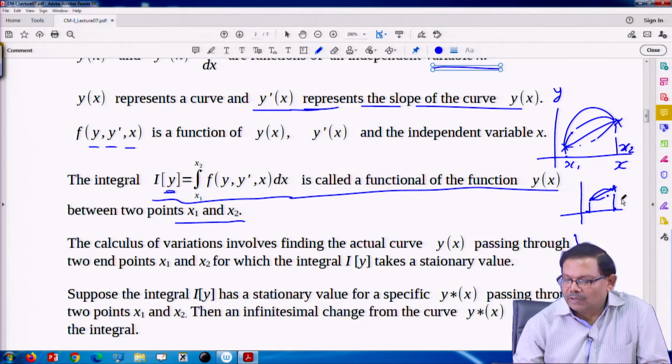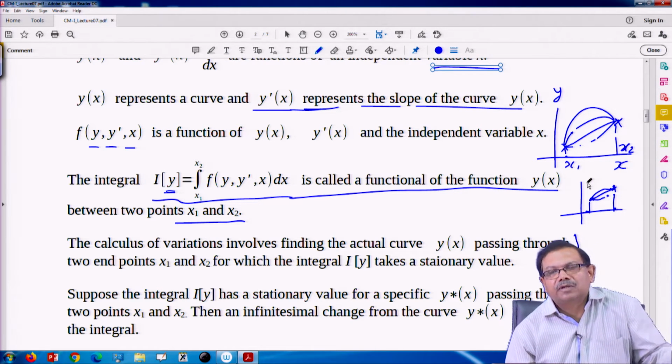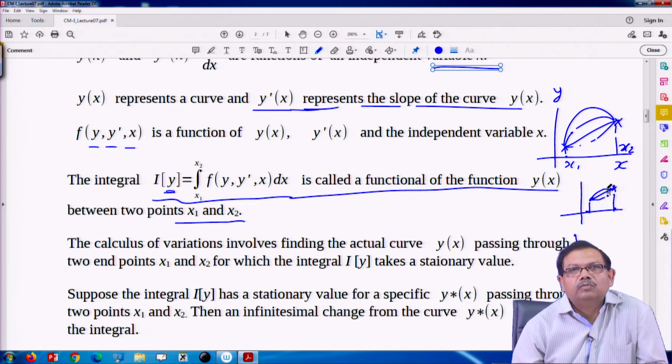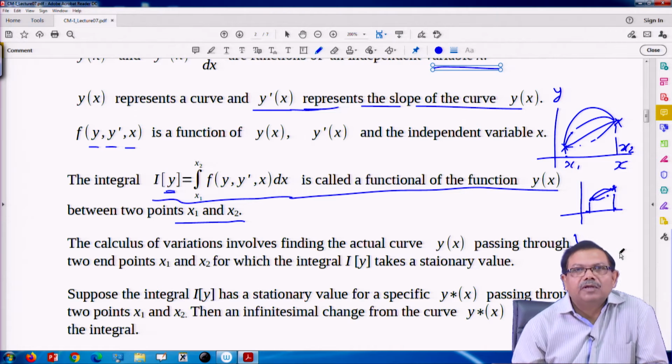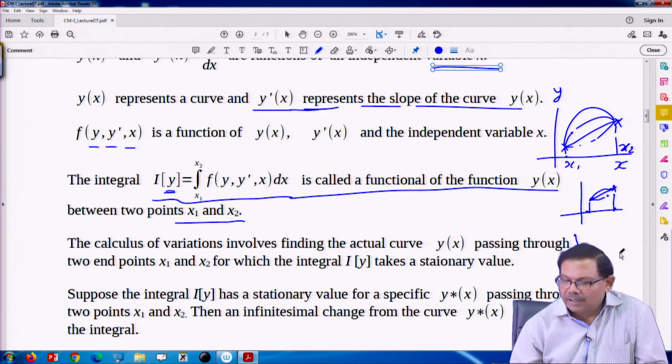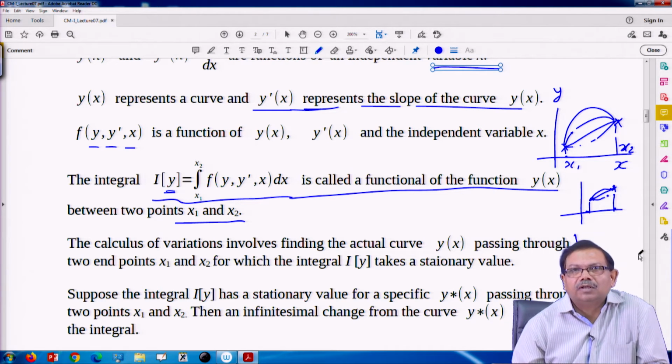So, there are y 1 of x, y 2 of x, y 3 of x, a class of curves which all pass through these 2 points. But one of them may lead to the stationary value for the integral. The problem is to find out that curve, but suppose for a moment I know it.